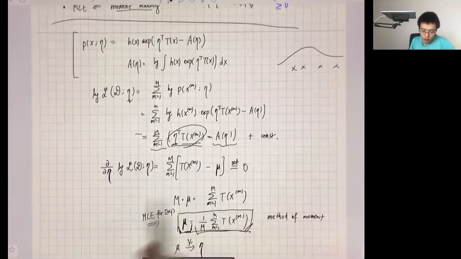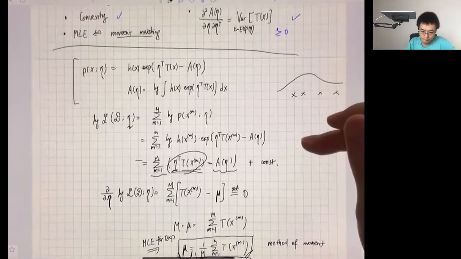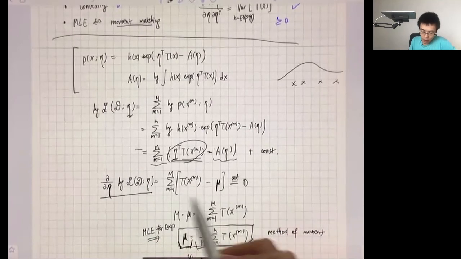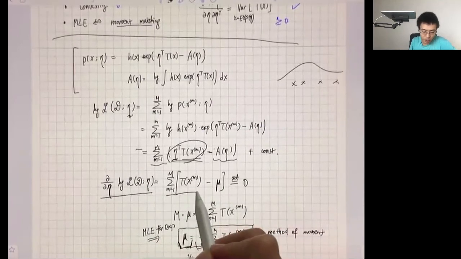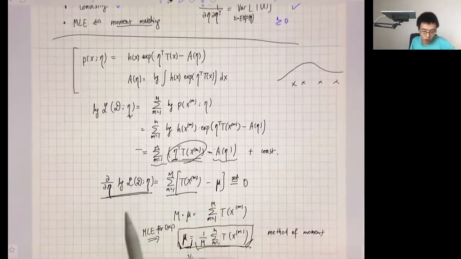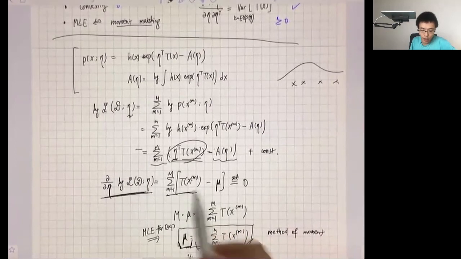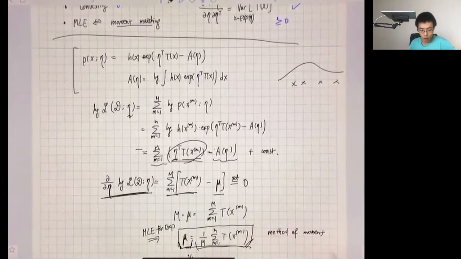Here it says this is the expectation in data. So the derivative for the log likelihood is the expectation in data minus the expectation in model.